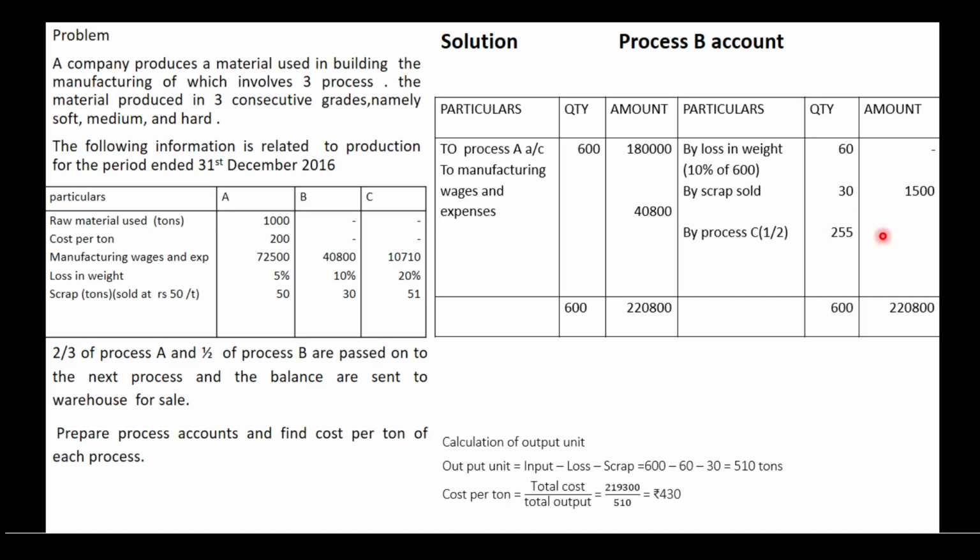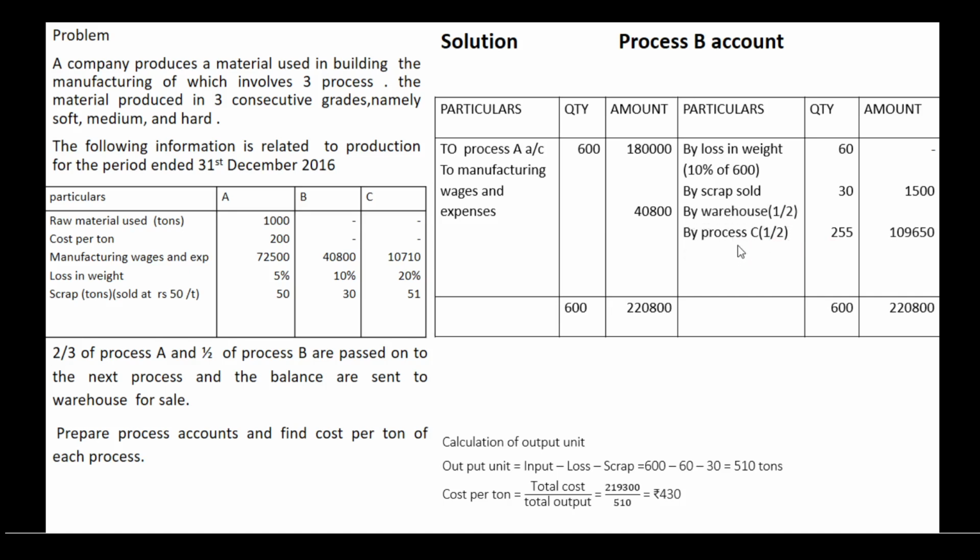So now we calculate the amount as the 255 tons into cost per ton, that is 430 rupees. So now the amount of the process C is 1,09,650 rupees.